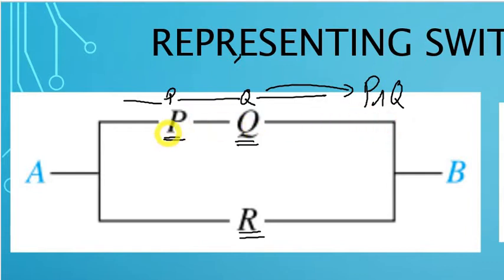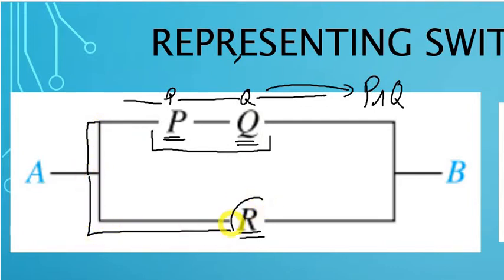On the other hand, as you can see, this entire series network is connected to switch R. That would mean that this entire statement is connected in parallel to R, and we write that using propositions as OR.